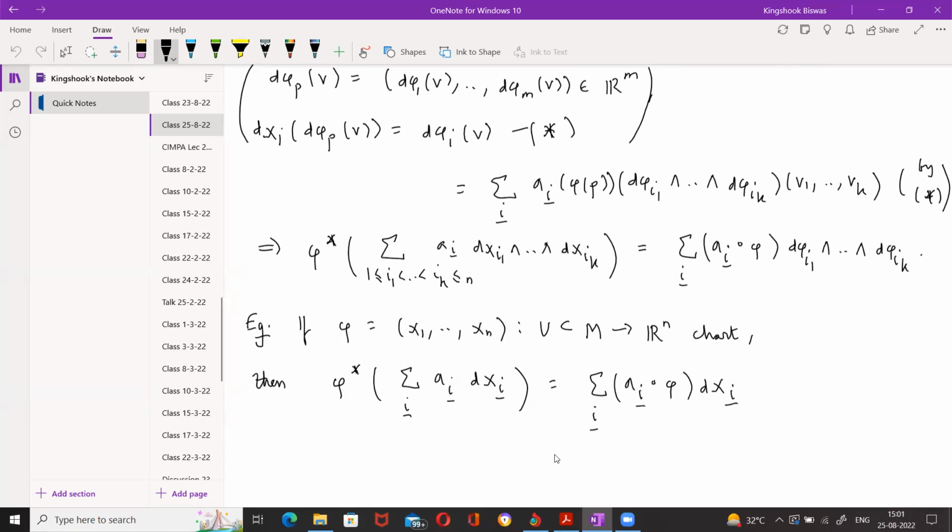All right. Okay, this dxi is for the coordinate functions in Rn. This dxi bar is for the coordinate functions in M. Is it clear? Yes. Okay, so this thing is a K form in Rn, and this thing is a K form on the chart U. Okay.